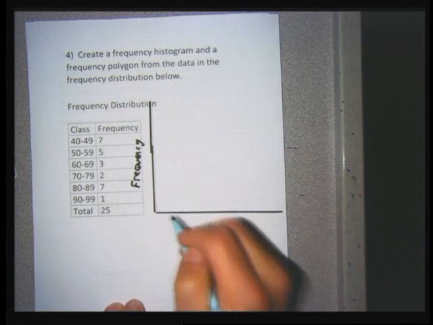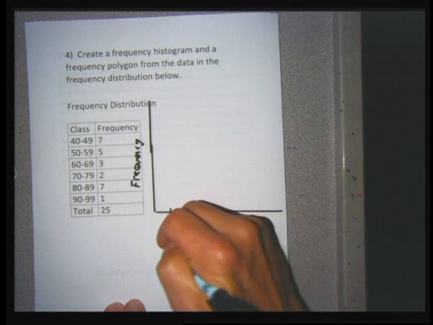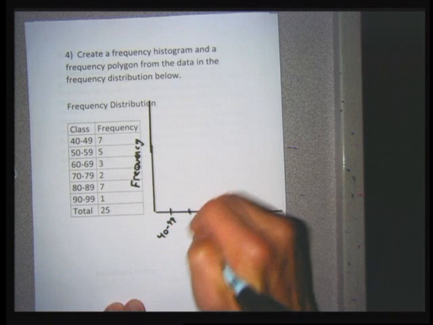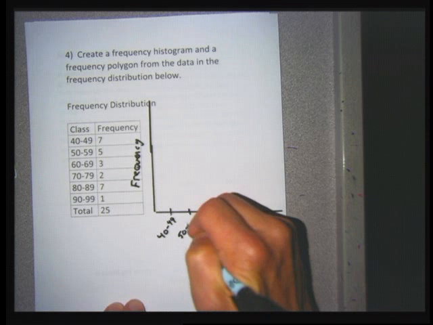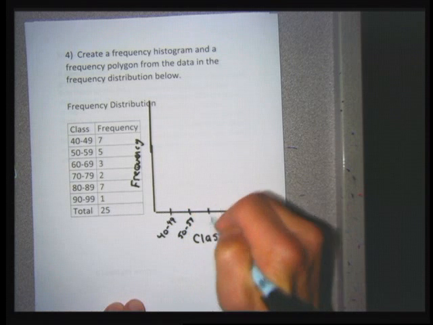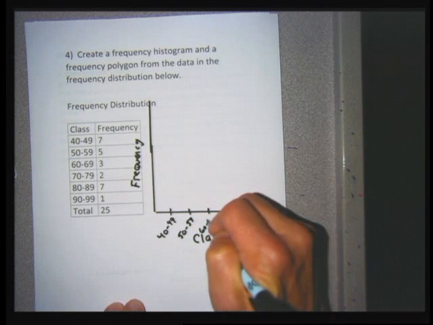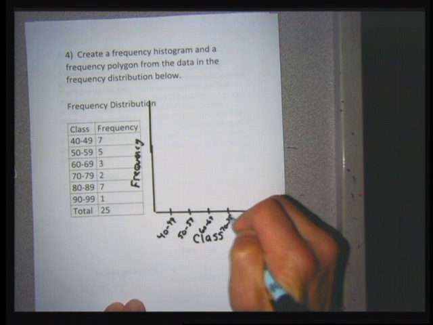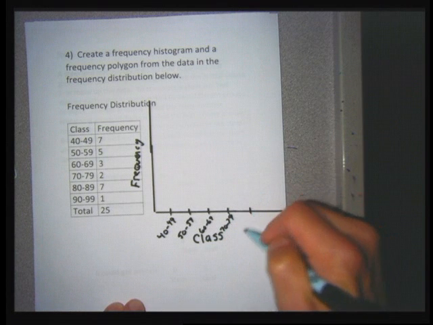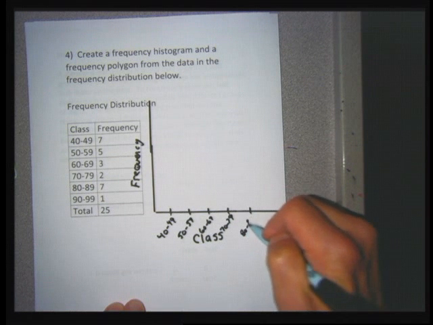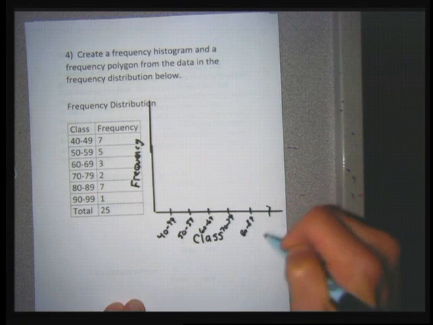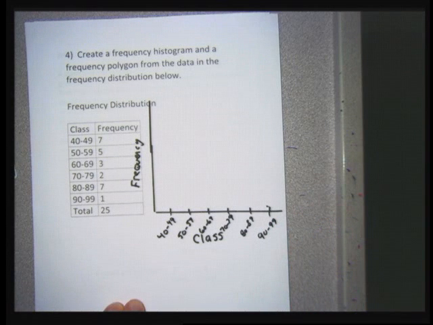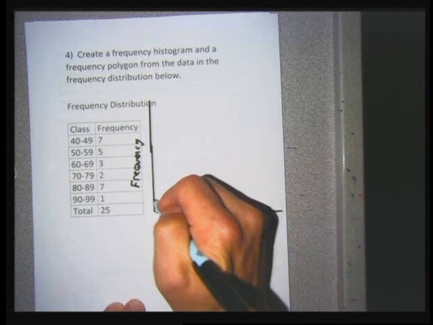On my x-axis I'm just going to make little marks. First mark I'm going to call 40 to 49. The second, 50 to 59. And then 60 to 69, 70 to 79, 80 to 89, and 90 to 99. And then I'll start making my dots. Well, I better get my y-axis.